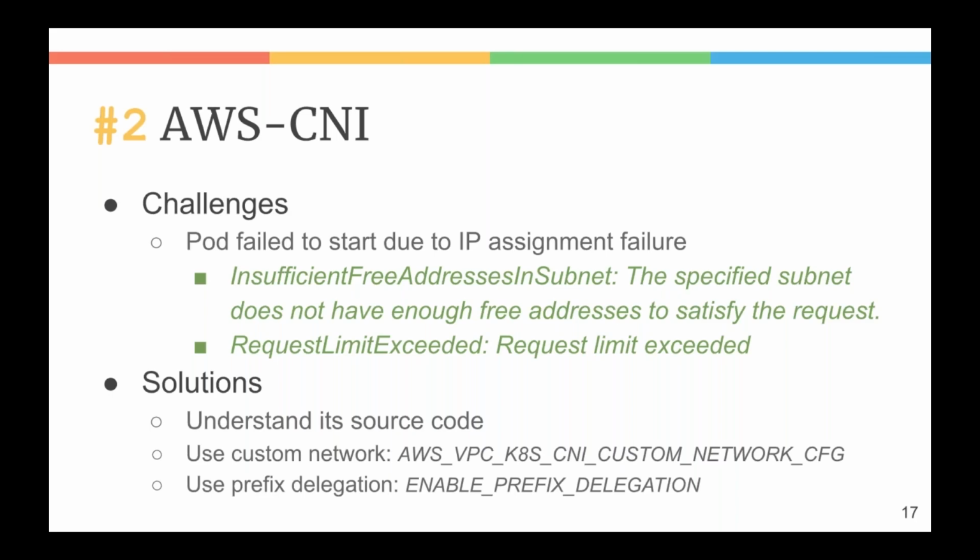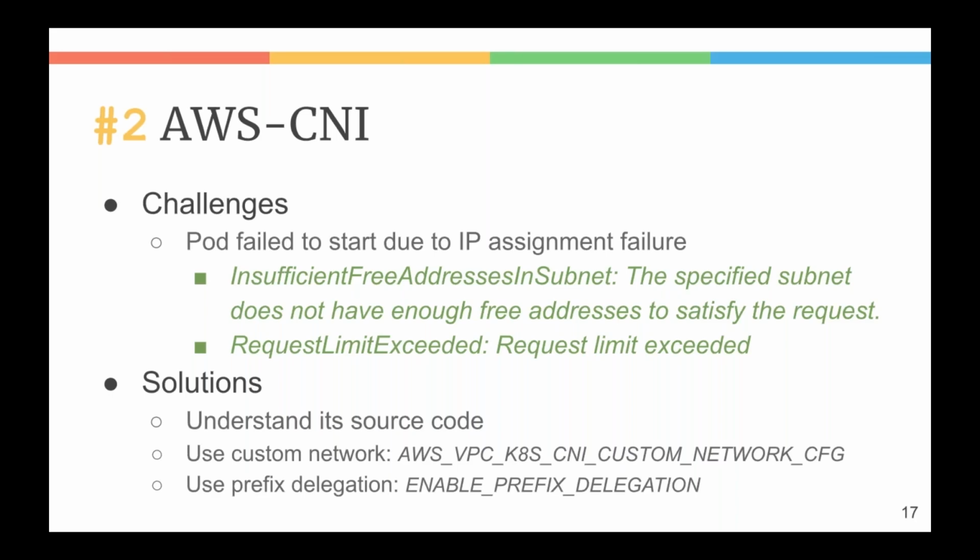From the logs, we found two main issues. The first is insufficient address, which just says there are not enough addresses to use. Another is simple: reaching the EC2 API limit.